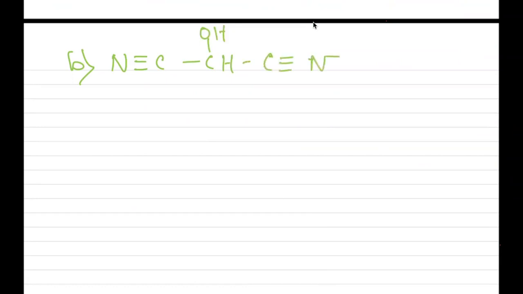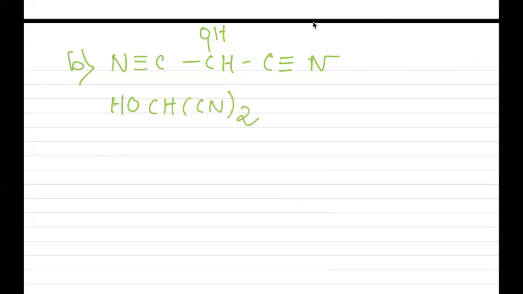Okay, so we are moving to the next one. The structure is this. Now the condensed formula will be like this: HOCH2, HOCH2, CN whole 2.